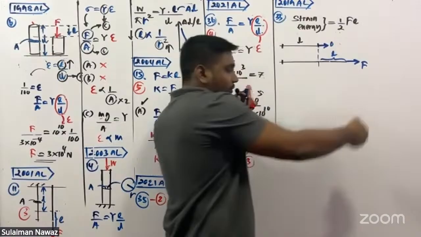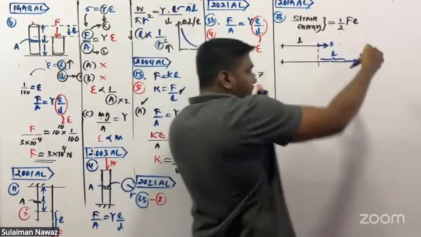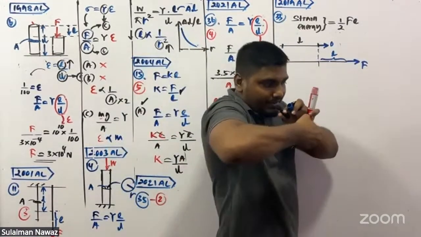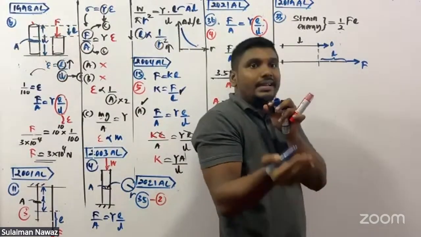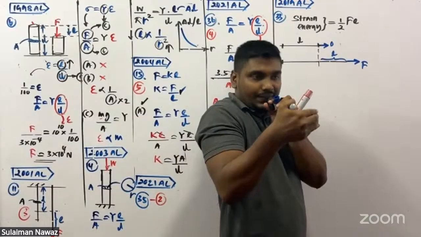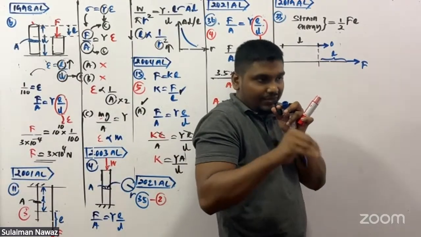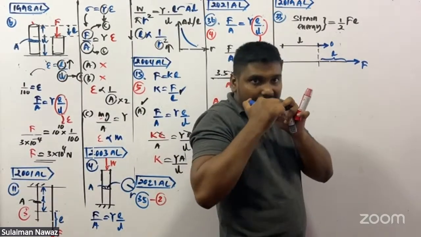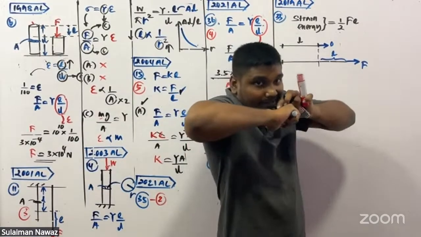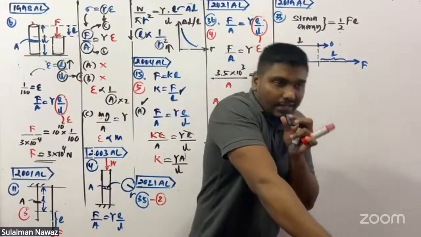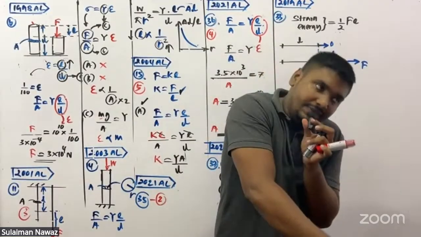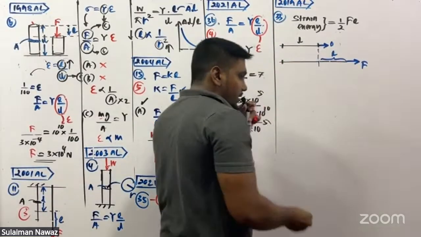So then I told you that in order to extend the rod, we have to do work. The work done is stored as energy inside the rod. That is what we call elastic potential energy, if not strain energy. The work we do in the attempt of extending the rod is stored as energy inside the rod. Okay, that's what I explained.